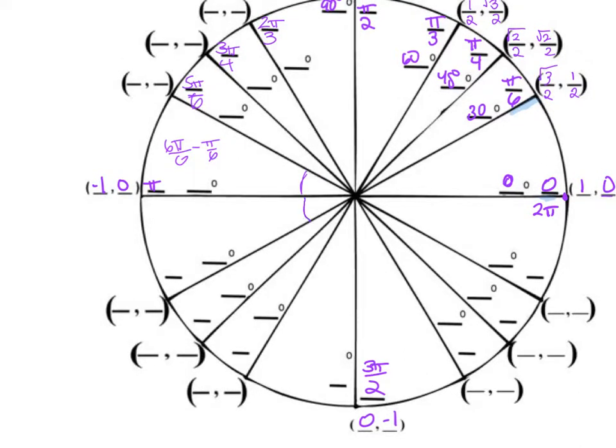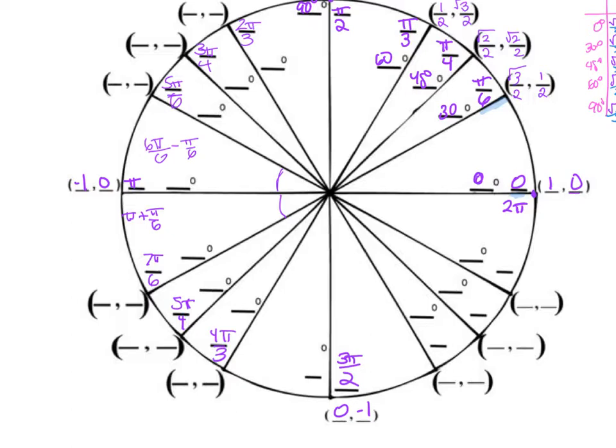So for example, this is going to be our 30 degrees here, adding pi over 6. So I'm going to take pi plus pi over 6. This is going to be 7 pi over 6. Then for the pi over 4, that's going to be 5 pi over 4. Then down here, it will be over 3. So this is going to be 4 pi over 3.